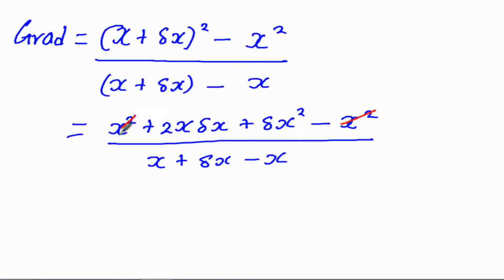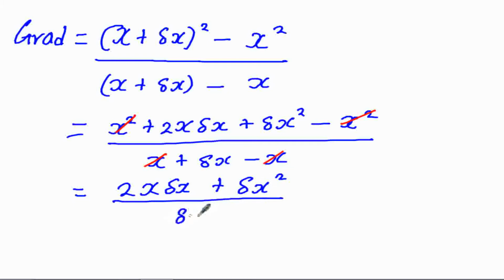This x squared cancels with that, and this x cancels with that, and we remain with 2x small change in x plus small change in x squared over small change in x.